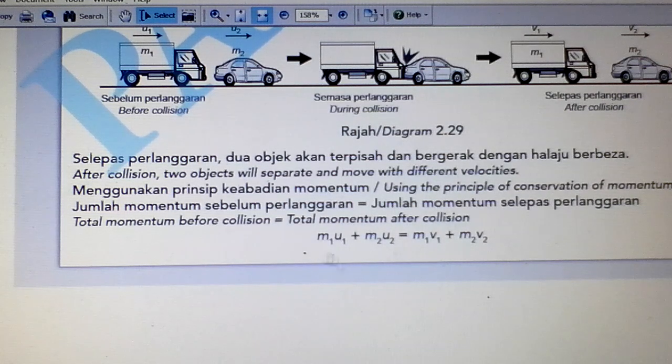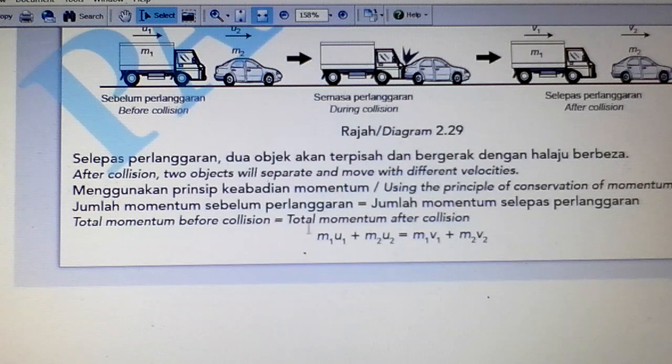So go to the formula of momentum, p equals mv. Then momentum of the truck is m1 u1 plus momentum of the car m2 u2 equals momentum after collision m1 v1 plus m2 v2.